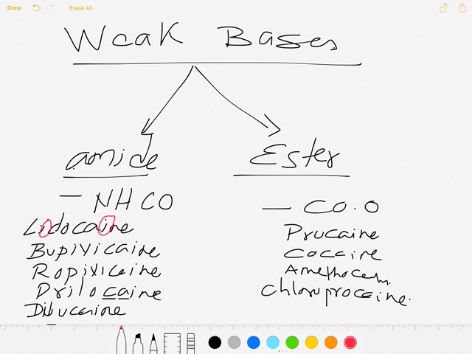So anyways, now you know the local anesthetics are classified into two broad categories, amides and esters, depending on their chemical structure. Amides more or less are metabolized by very similar pathways, and esters are more or less metabolized by very similar pathways, different from amides.